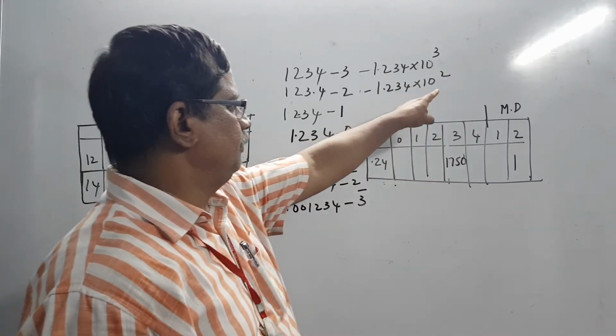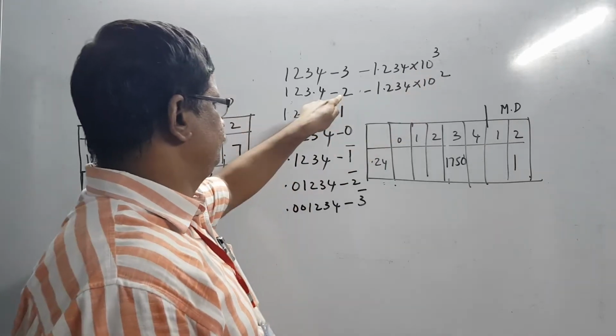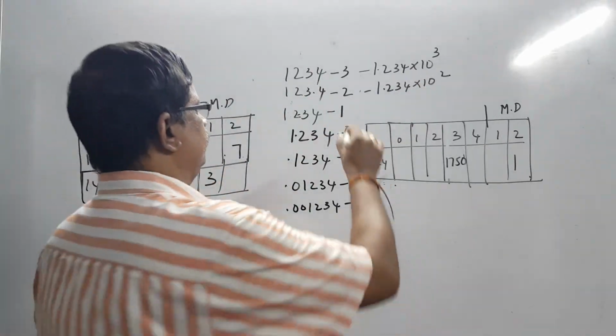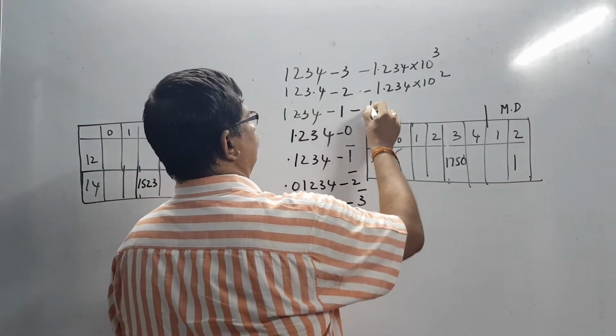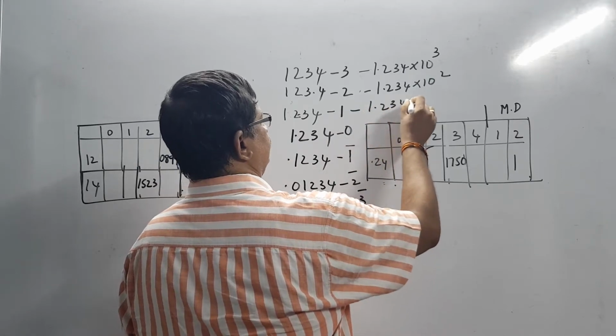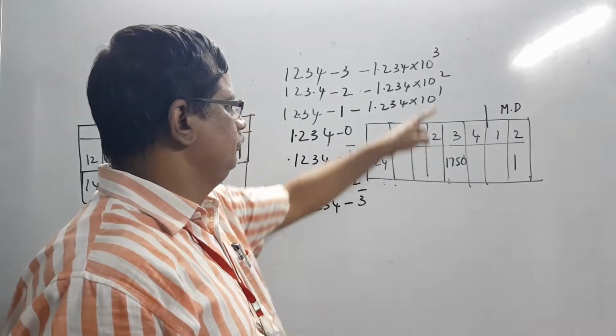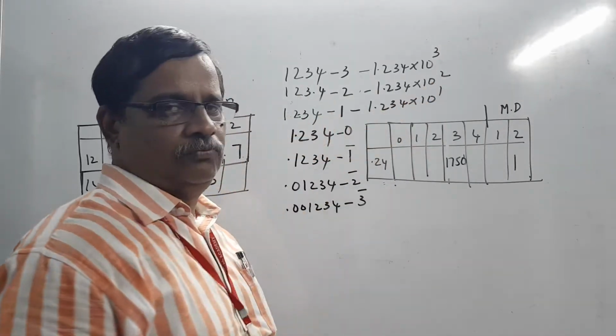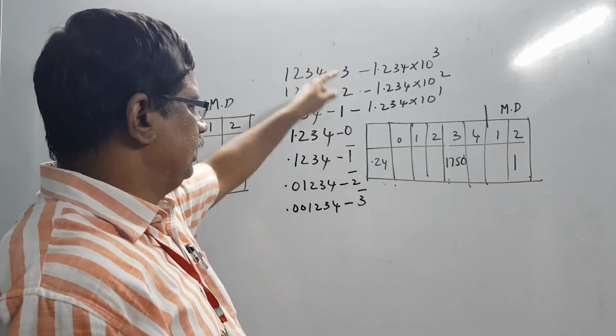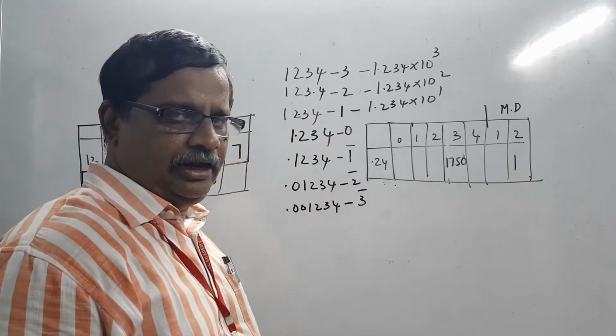So what is the power of 10? 2. What is the characteristic? 2. This one is 12.34, that is 1.234 into 10 raised to 1. What is your power? 1. What is your characteristic? 1. Proceeding like that, you can write the characteristic of every number.